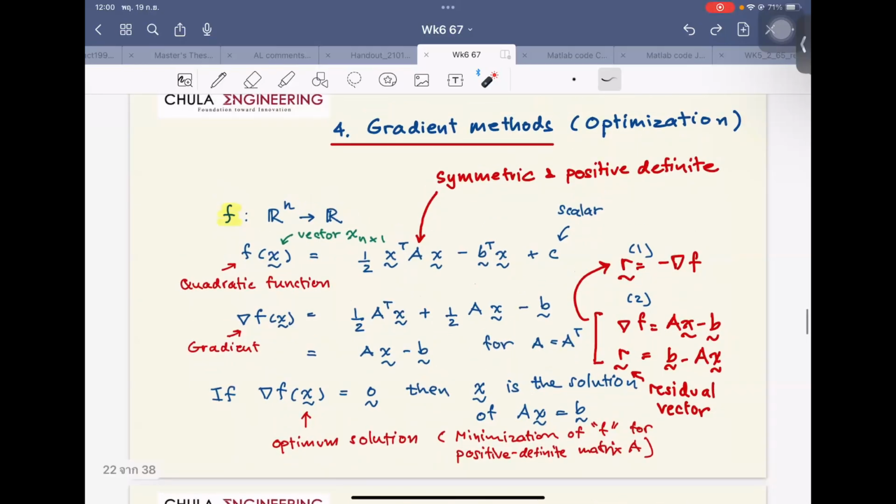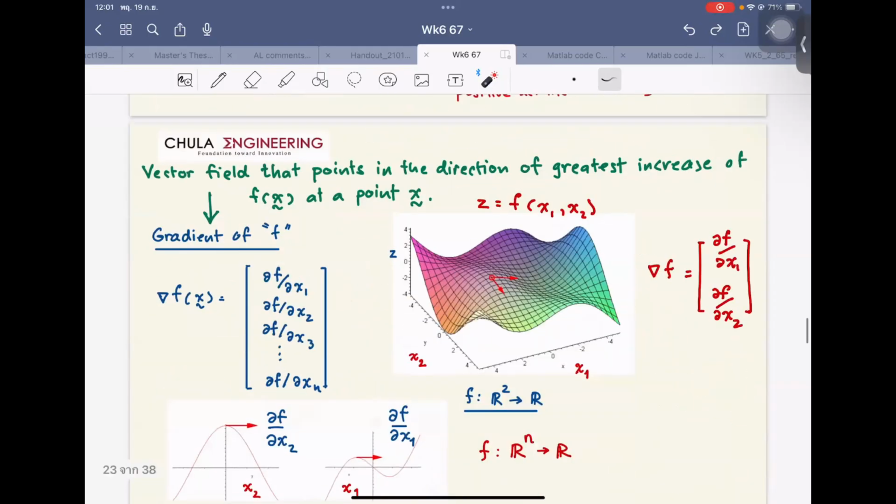Now we can prove that if matrix A is positive definite, our solution will be the minimization of function f. Okay, let's see the proof.